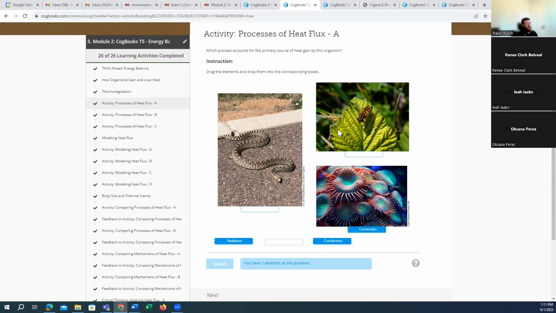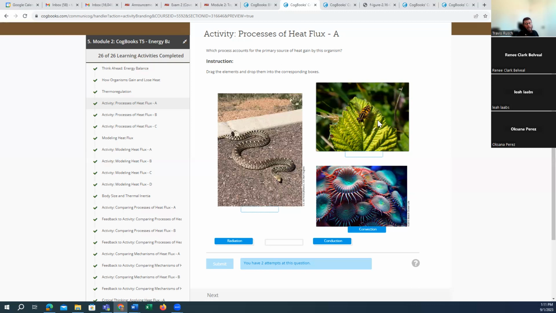Now we have this third picture where we have what I think is a robber fly on this leaf. So we have evidence of radiation because it's sunny out, so there's some sunlight. There's a lot of surface area facing that. Again, about a third to half of its body is facing the sun, so there's a high level of radiation.